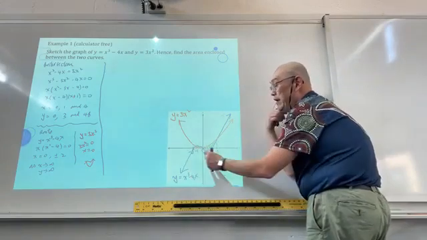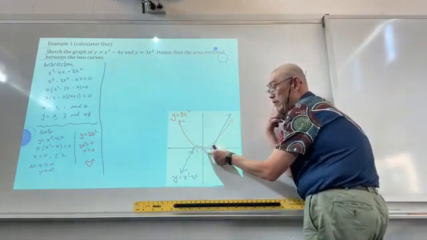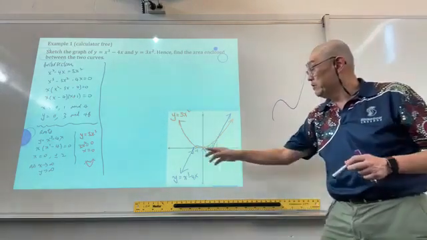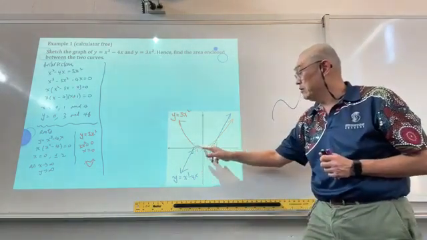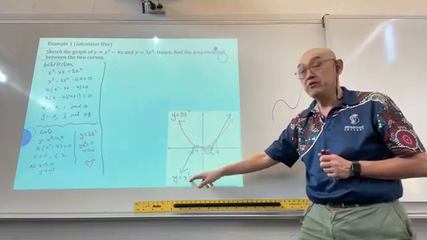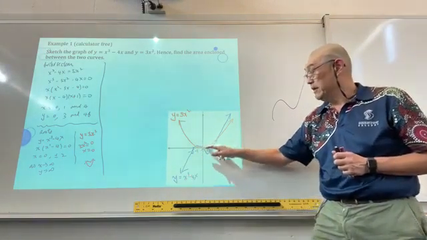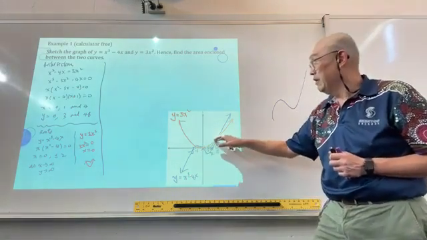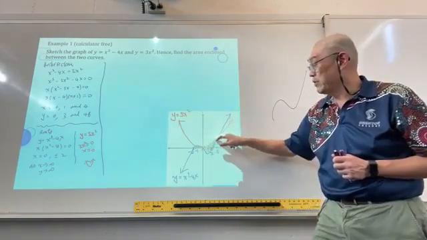You want to find the area of this and the area of that, the combined area. Here, you can see that from minus 1 to 0, the upper curve is y equals x cubed minus 4x. Here, the upper curve is y equals 3x squared.